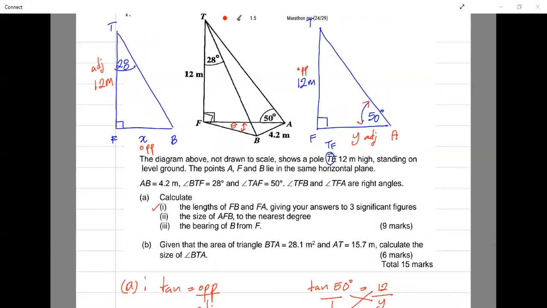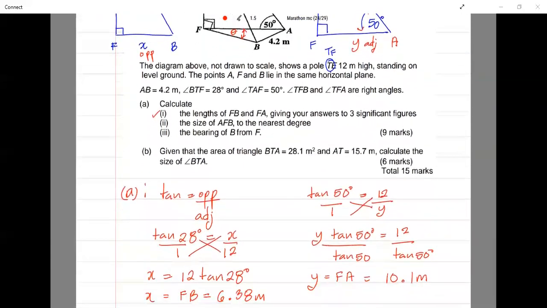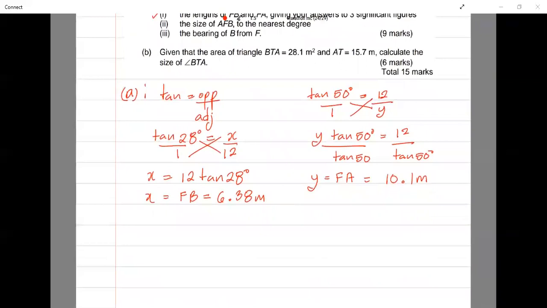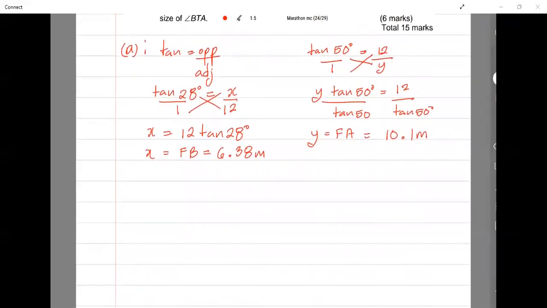So the first thing I'm going to do is draw the triangle that is associated with this. The triangle looks something like this. That is FA. Then let's put in B. This is B, and AB was 4.2 meters.